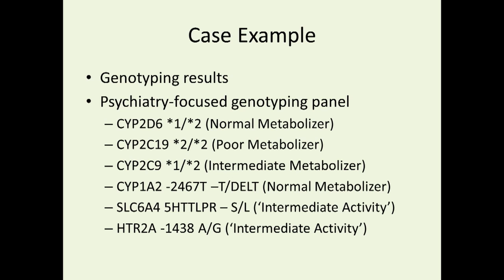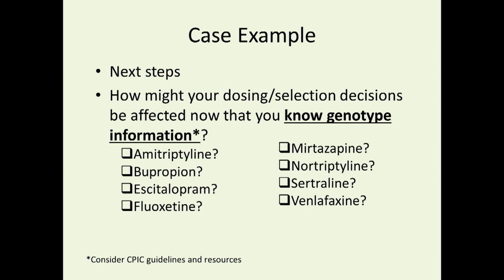Really, the other ones are either normal function or some sort of intermediate activity where there's not really any firm guidelines to guide us. So the main take-home result here, as I look at it, is really this poor metabolizer genotype combination.